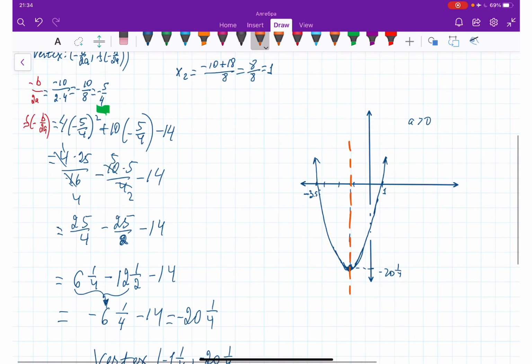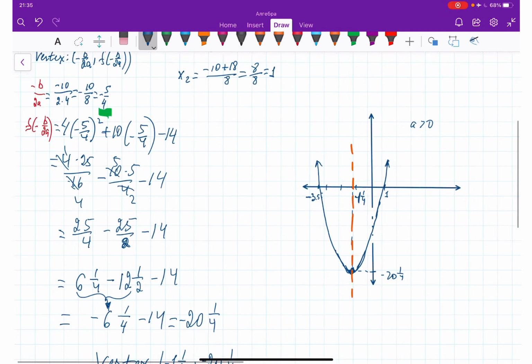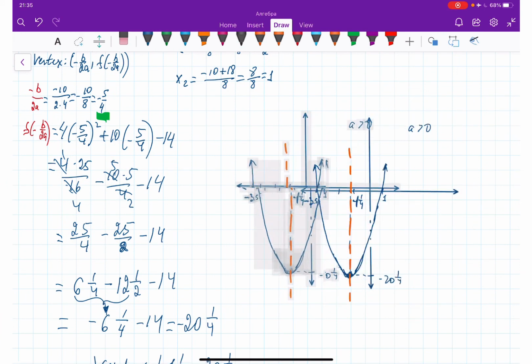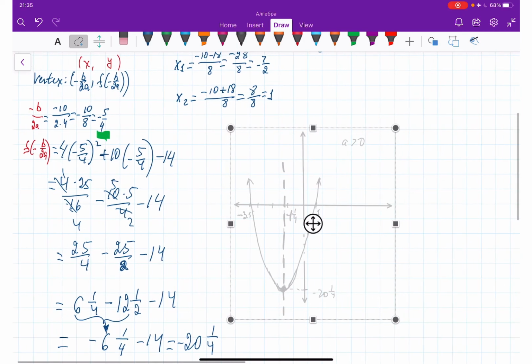Okay, like that. And this is negative 1 and 1/4. So this is our graph of the quadratic function. Let me bring it closer so you can see better.